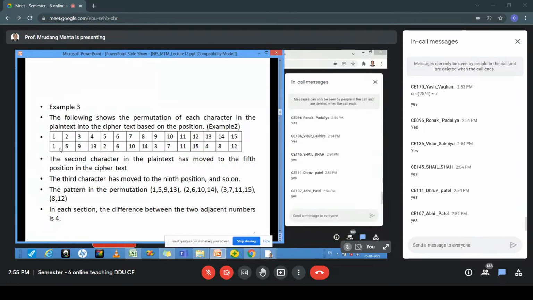Right? So you have to first get the characters into blocks and then apply the permutation.